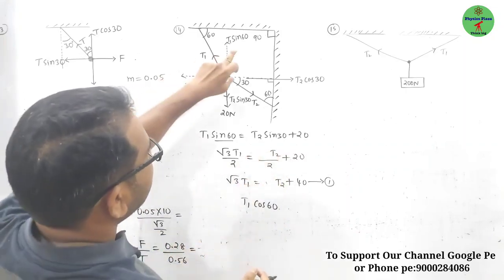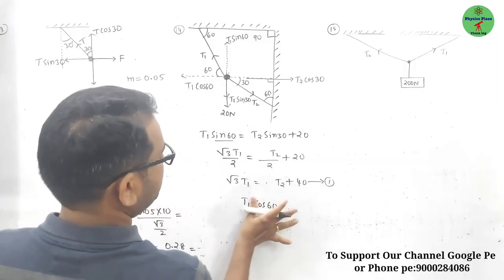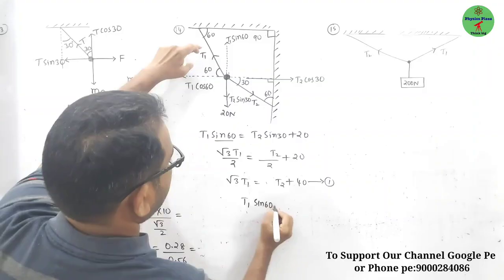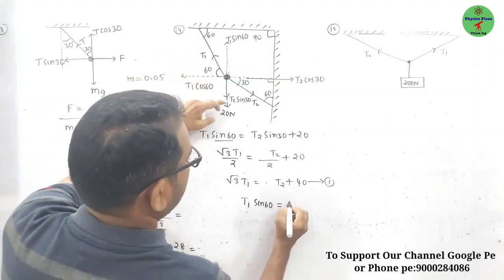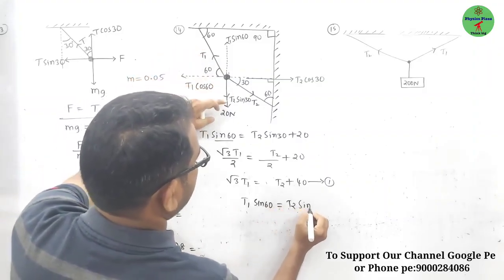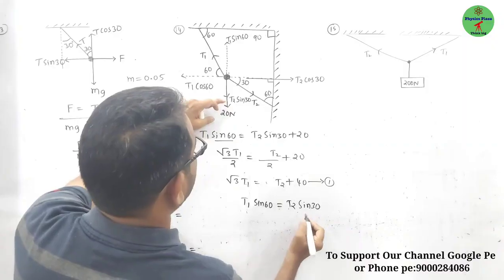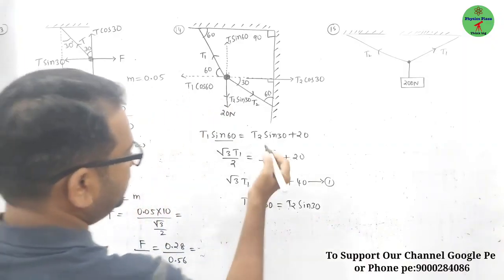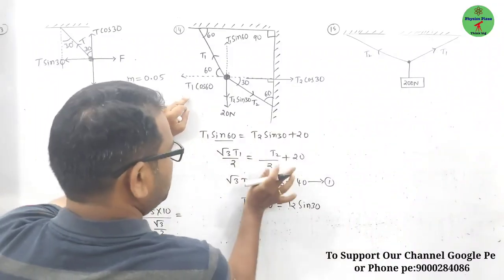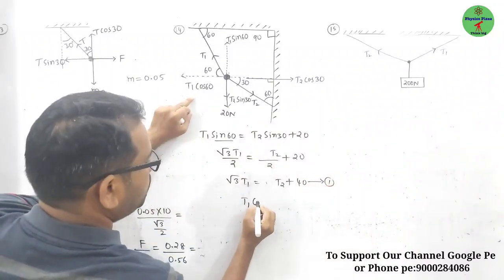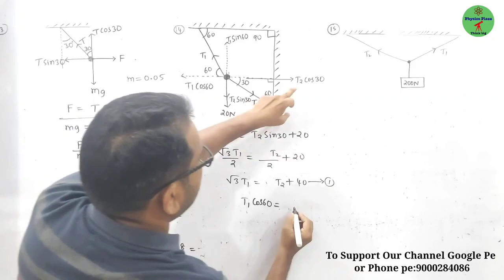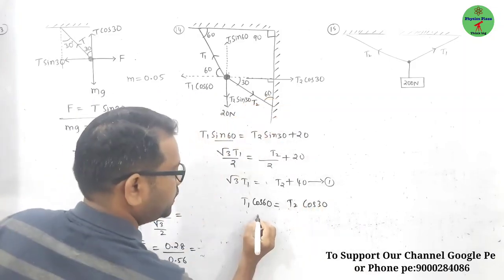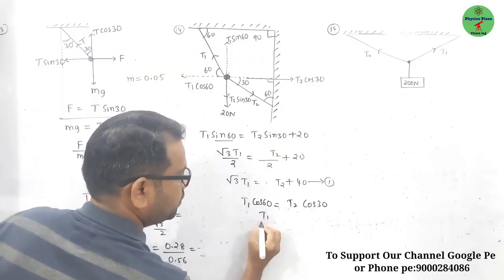The vertical component is done. Wait, why are you getting confused? Come on. Vertical is over, right? Now we need to do the horizontal. So T1 cos 60 is equal to T2 cos 30. Cos 60 is 1 by 2, so it is T1 by 2.